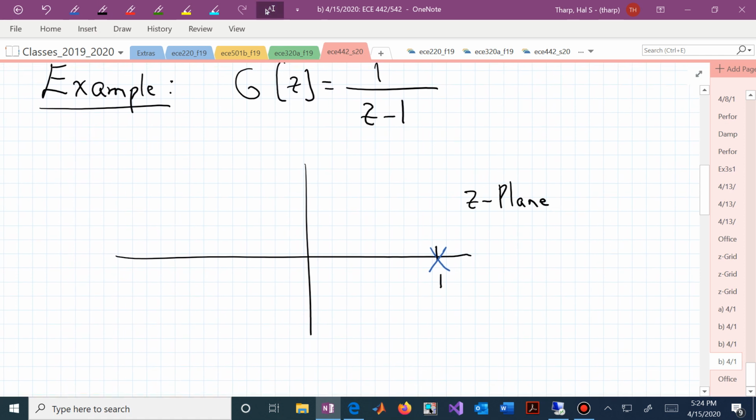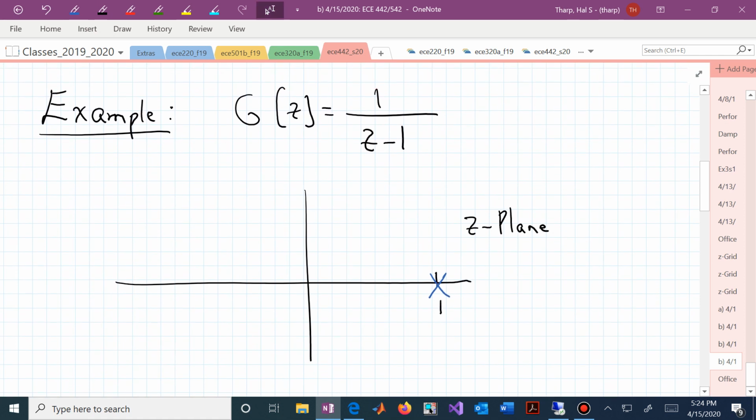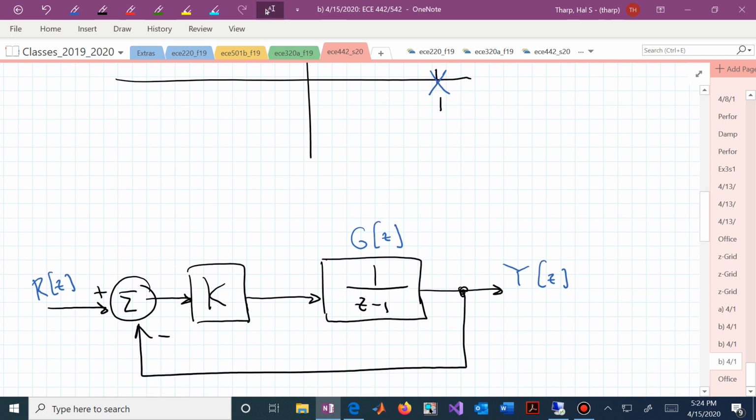Now what's the root locus for that particular system? The root locus, remember, is the values in the complex z-plane that could potentially be closed loop poles in our normal unity output feedback configuration.